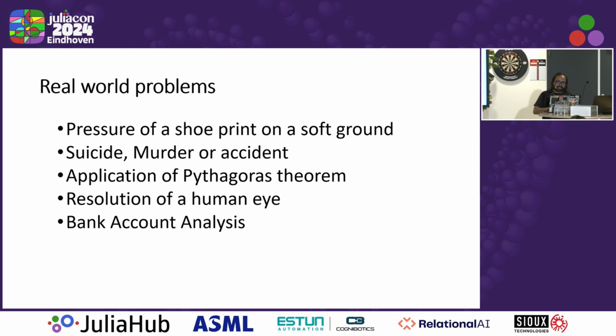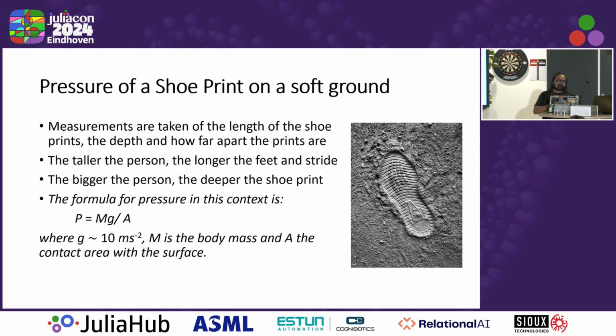So let's see how to compute the pressure of a shoe print on a soft ground. Here the measurements are taken of the length of the shoe prints, the depth, and how far apart the prints are. If you take the measurements between two footprints, it may give you some estimation about the height of the person. The taller the person, the longer the feet and stride.